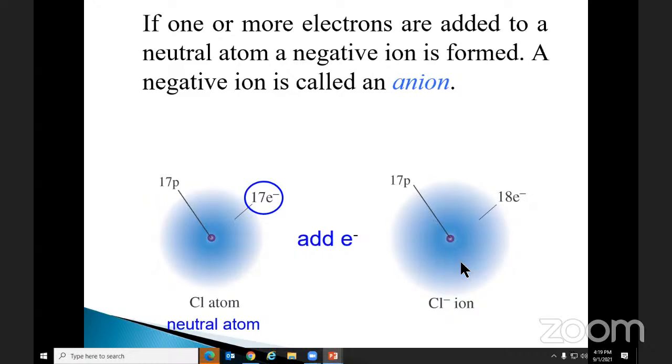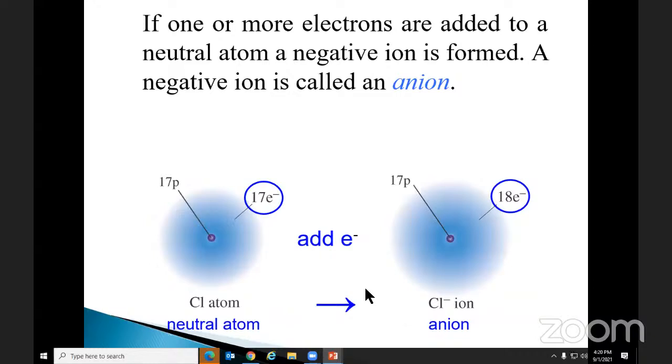The number of protons remains the same, and because you have one more electron than proton, the resulting structure will have an overall negative charge. So this is the symbol for this particular ion, Cl with a minus charge right here. And the name of this ion is called the chloride ion, all right?